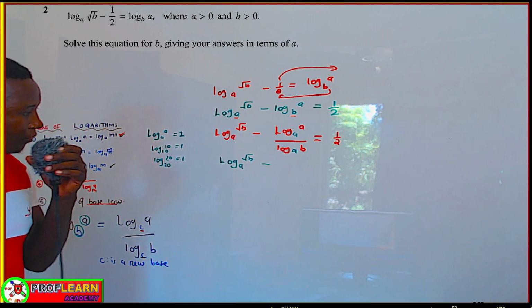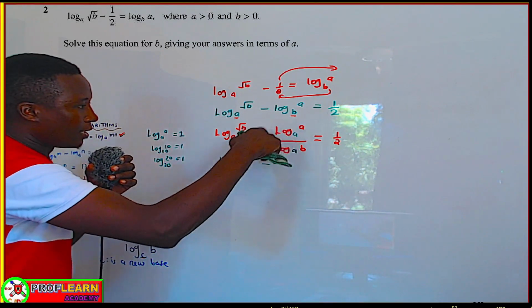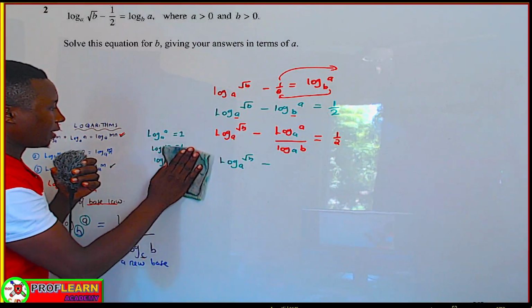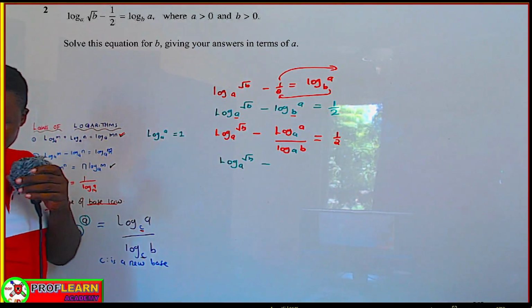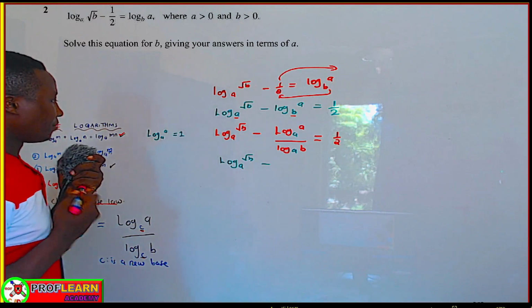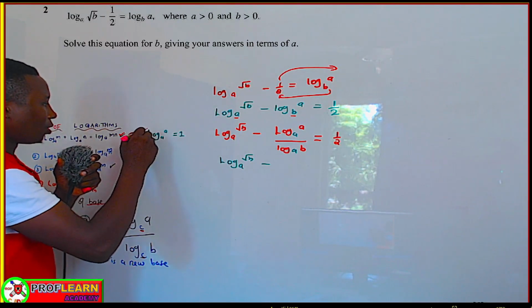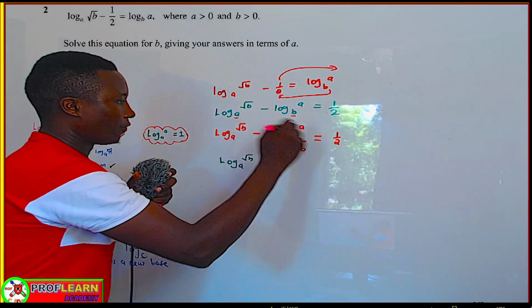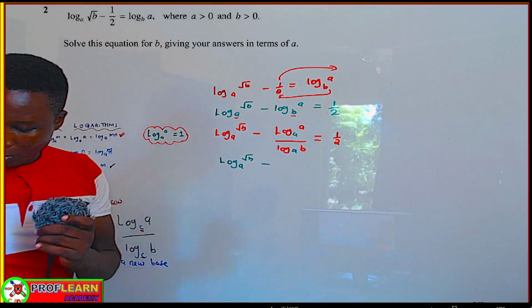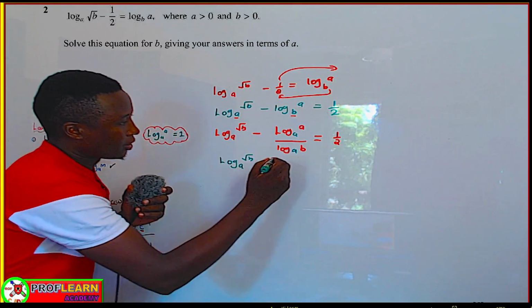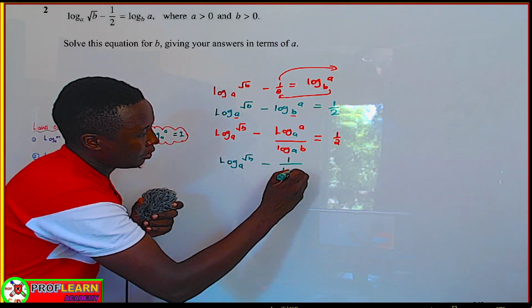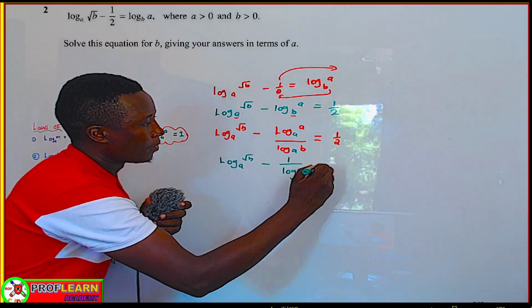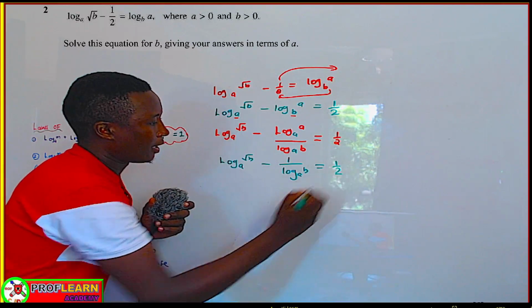So the value at the top there is going to be equal to 1, and the whole of this becomes 1. So we can now say this is 1 over log b base a equals a half.